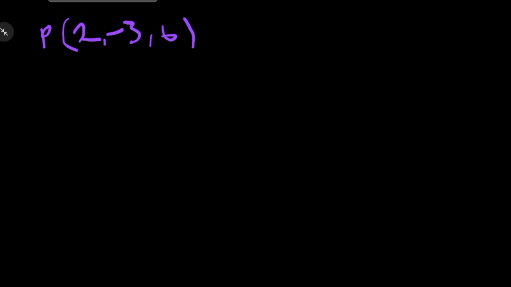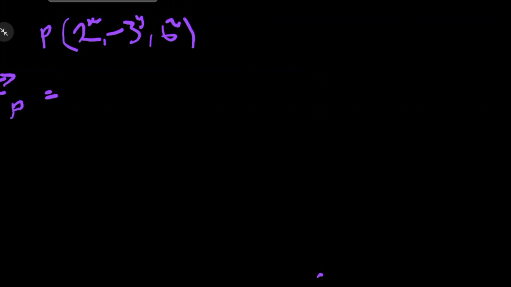So to find the position vector of this problem, which is written as R with an arrow over it, P, this is x, y, z.